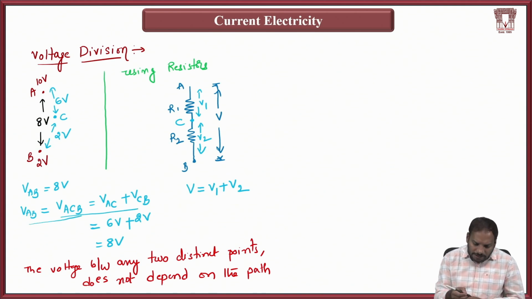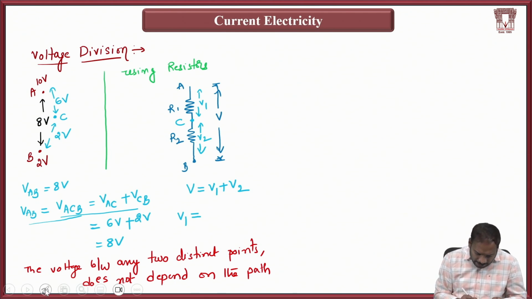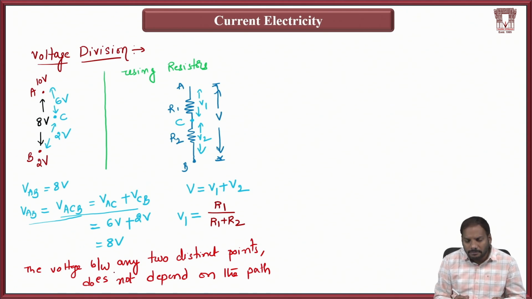This is the equation I have written in terms of voltages. Now let's see how to calculate the individual voltages, how the voltage division happens. The voltage V1 is equal to the same resistance divided by total resistance. R1 and R2 are in series, because voltage division happens only in a series connection.